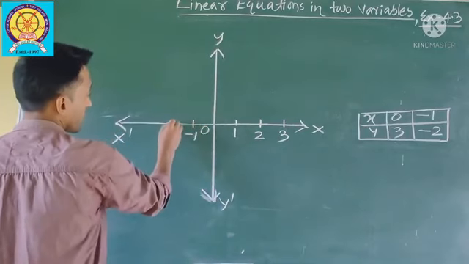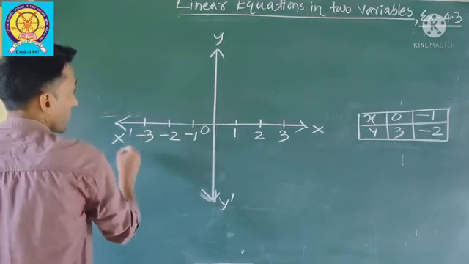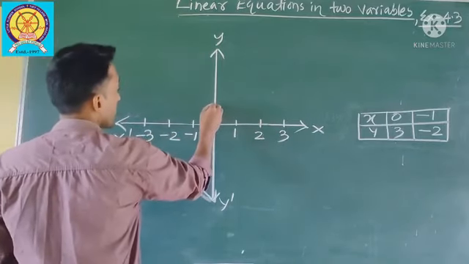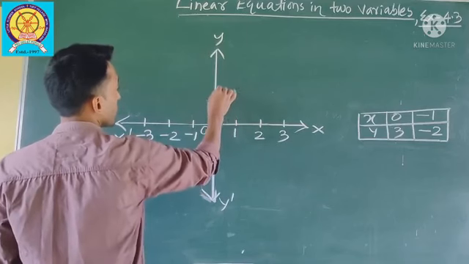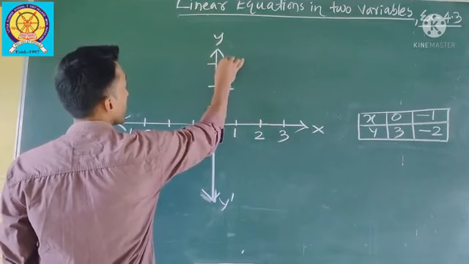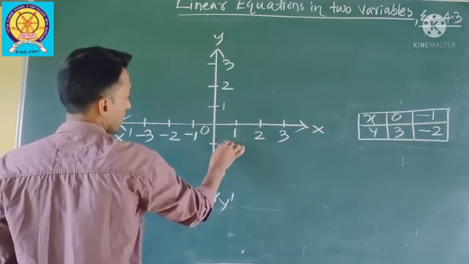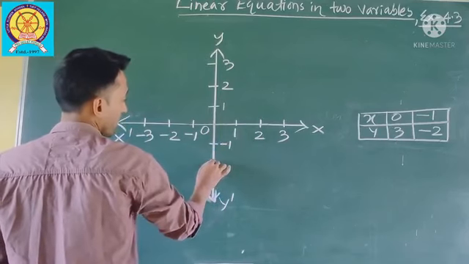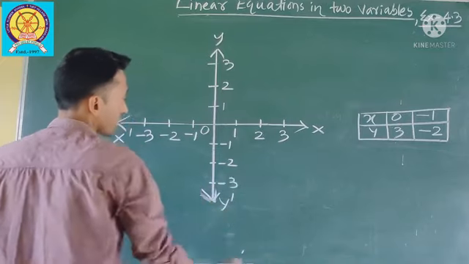On the left side negative 1, minus 2. Above the x axis, y values will be positive 1, 2, 3. Below the x axis, y values will be negative, minus 1, minus 2.